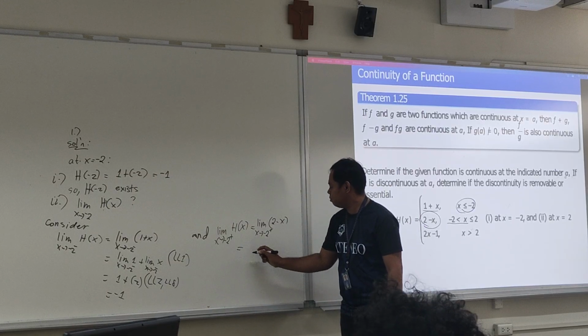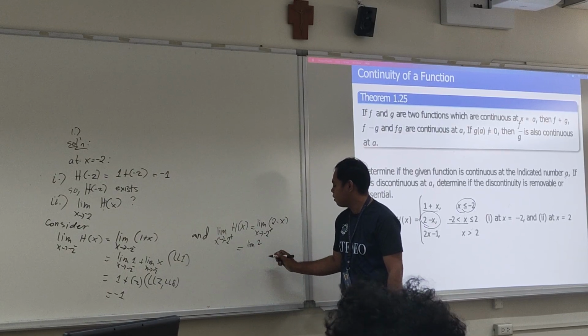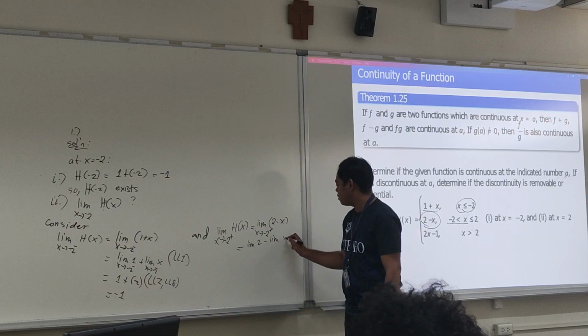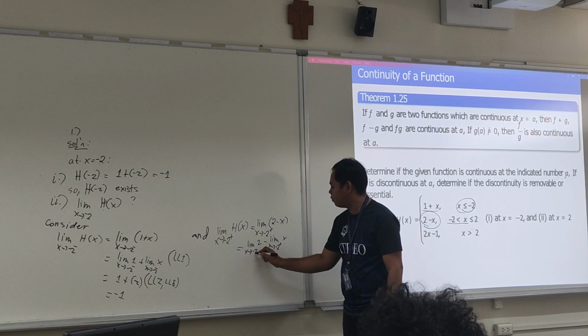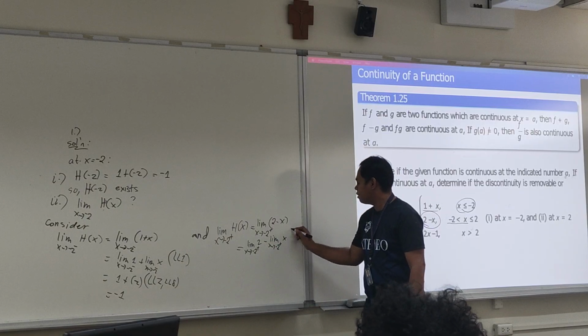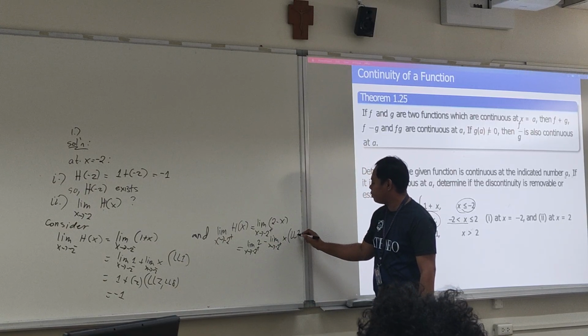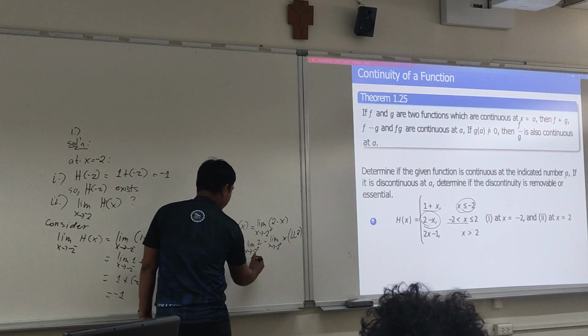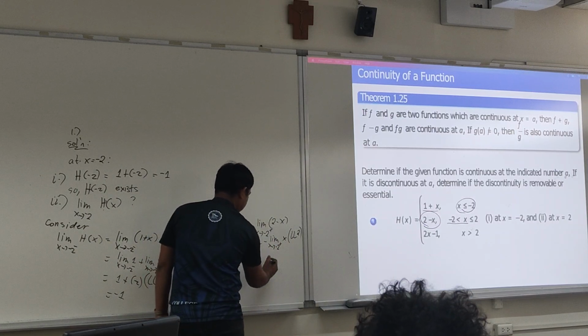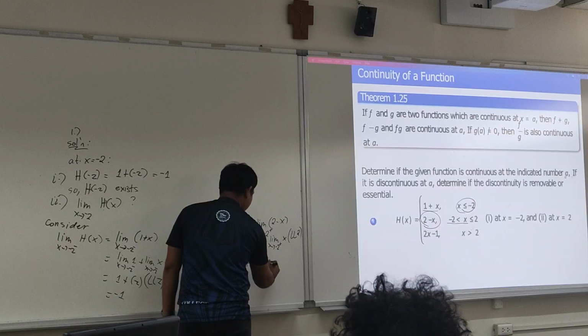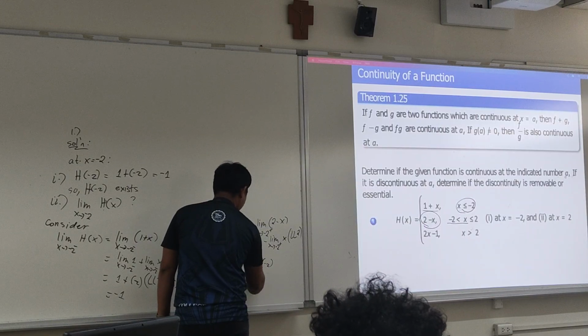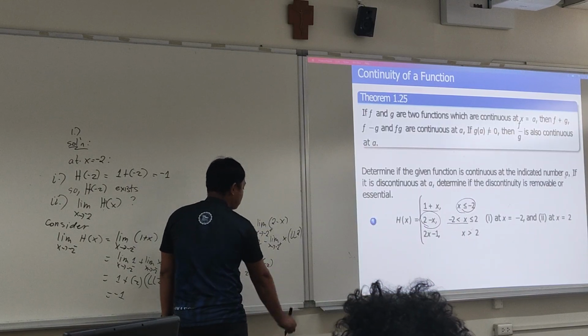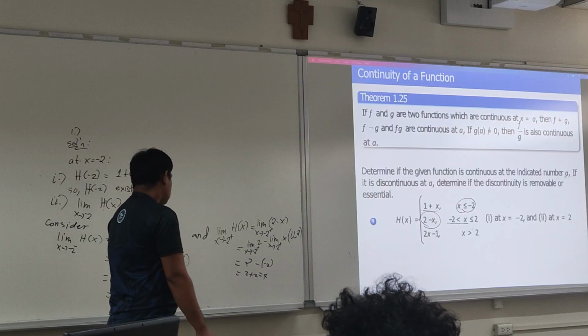This is equal to the limit of 2 minus the limit of x as x approaches negative 2 from the right, by L2. And this is equal to 2 minus negative 2, and this will be 2 plus 2, which is 4.